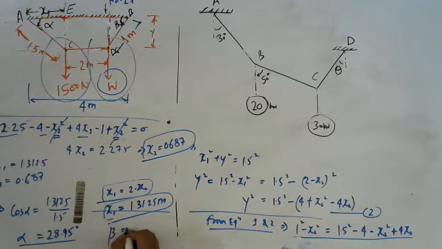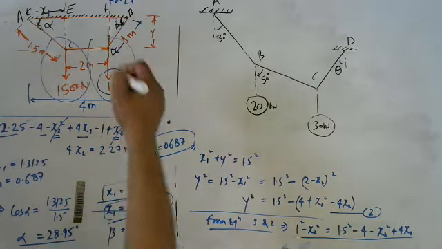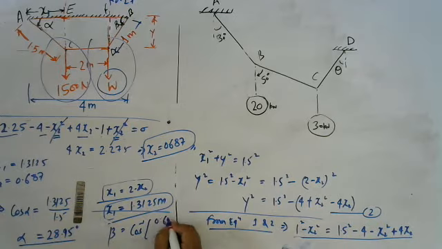Similarly the value of beta is equal to cos inverse base over hypotenuse, so 0.687 divided by 1.5.